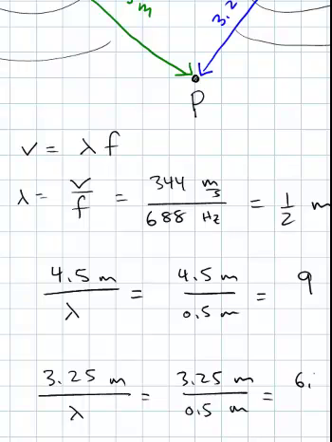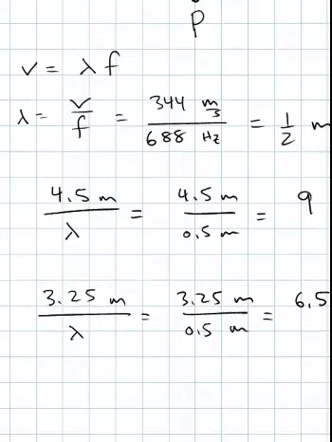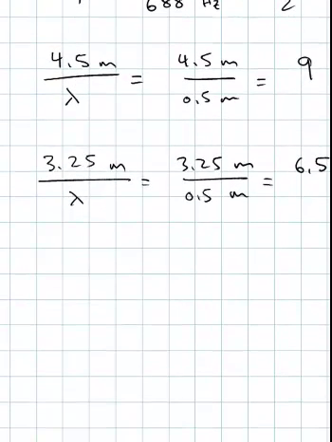And that gives us 6.5. So that's a half integer. So that means if the wave starts out at a crest, it goes through 6 complete cycles and then an extra half cycle to get to point P, which means it's going to be at a trough. So that means that they're out of phase, and we have destructive interference.